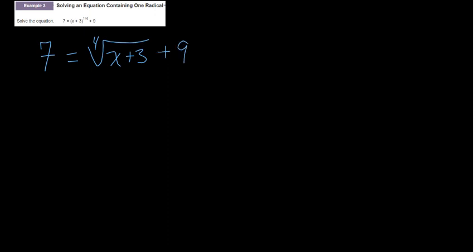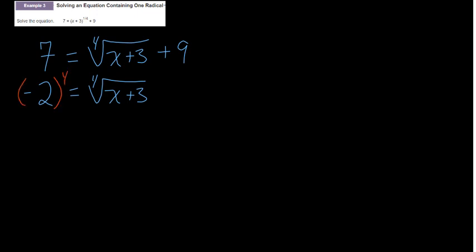All I basically did was rewrite the problem, right? Next, I'm going to subtract 9 from both sides. So I'll have negative 2 is equal to the 4th root of x plus 3. Right. So I have the 4th root there, so I need to raise to the 4th power here.